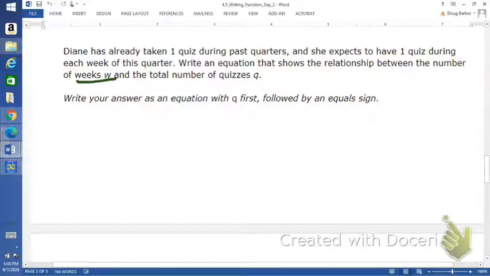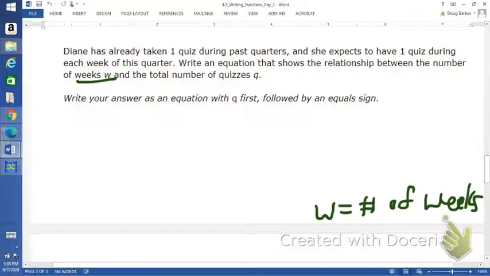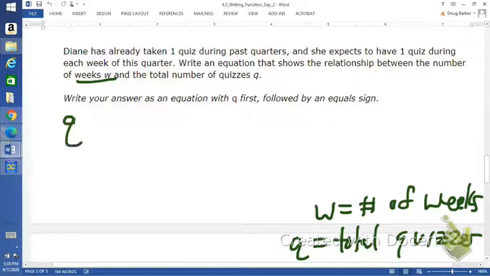So W equals number of weeks, and Q equals total quizzes. It wants us to write Q first, and then followed by an equal sign.